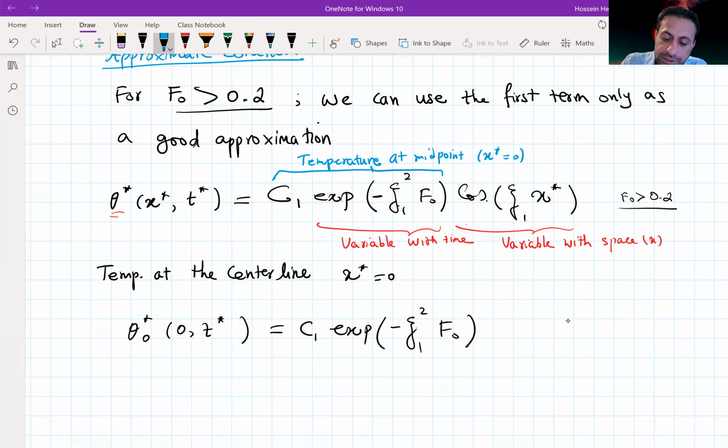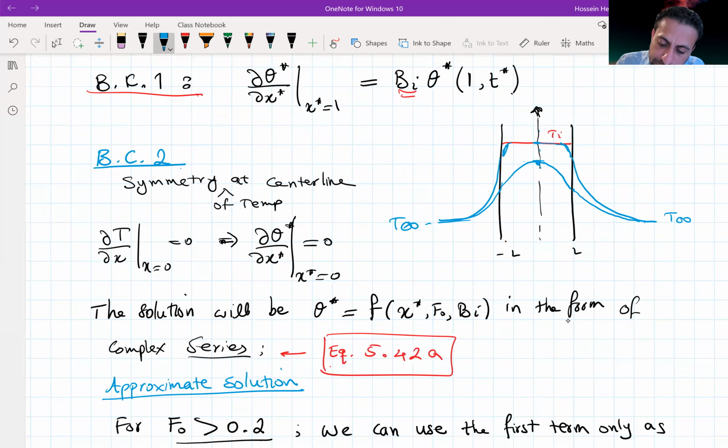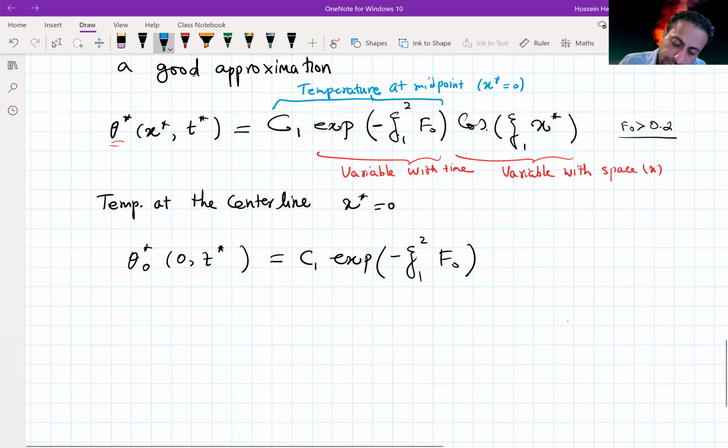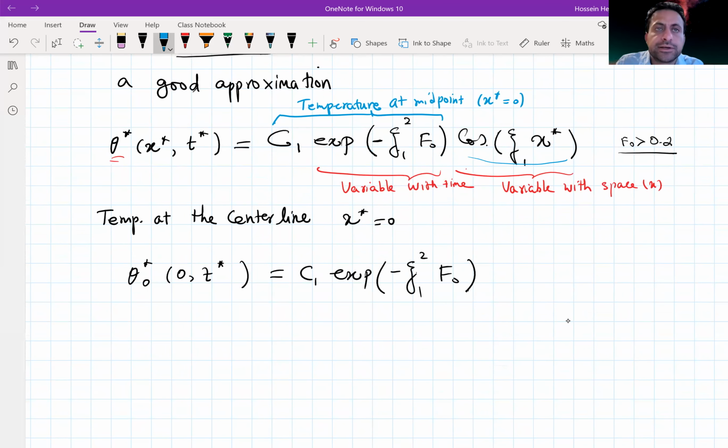The midpoint temperature is just dropping as time goes by. If I make a plot, we're going to have the drop of temperature at the center line with increasing time. And the rest of the points are a function of that one by the second term that we have.